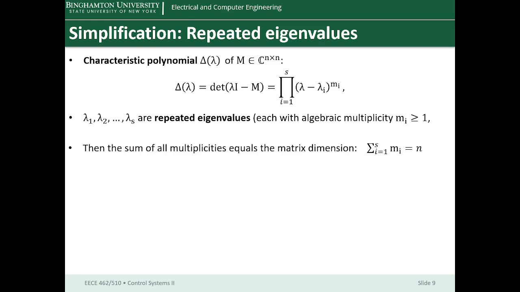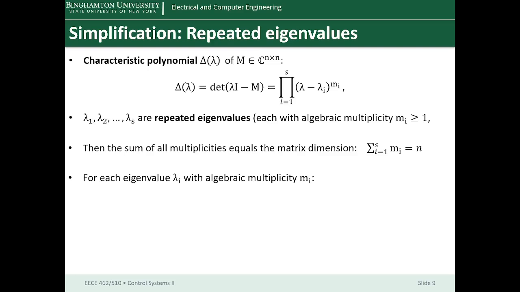Since this polynomial represents an n by n matrix, its total degree is n, which means that the sum of all those multiplicities, m1 plus m2 up to ms, must also equal n. That's just a way of saying that an n-dimensional system always has exactly n roots.